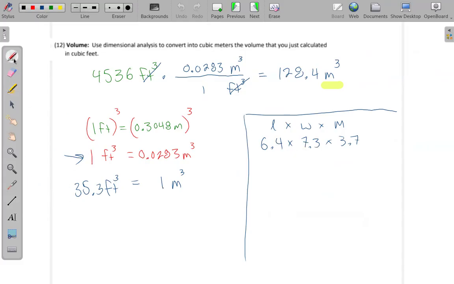So this comes out on my calculator to be about 172.864, and that is meters cubed, and these two should be about the same, and they're not. Huh, big question mark. All right, I'm going to have to get back to you on that. One of them's right, and one of them's wrong. Next.